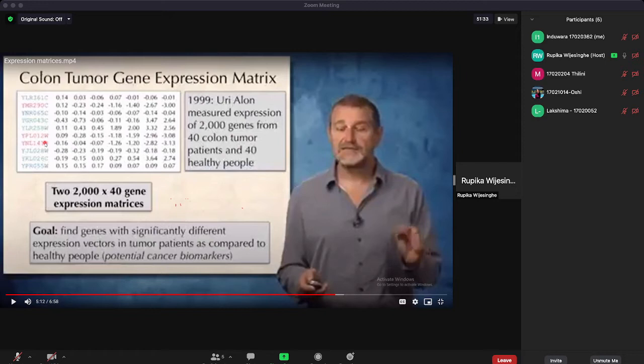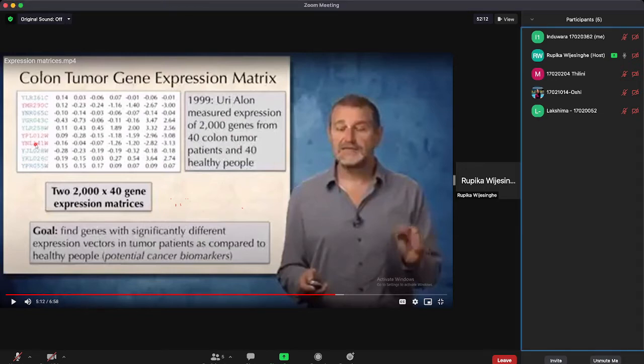Or what you can do, say if someone is suffering from a cancer-like disease, right? By monitoring the expression of this gene in that patient, we can say, because we know how it is behaving now, right? We now know the behavior of it in a healthy person and a cancer patient.